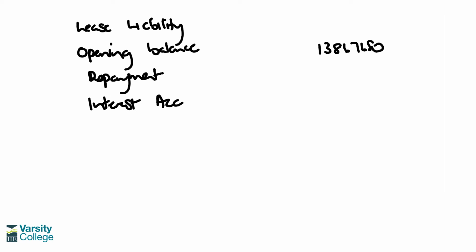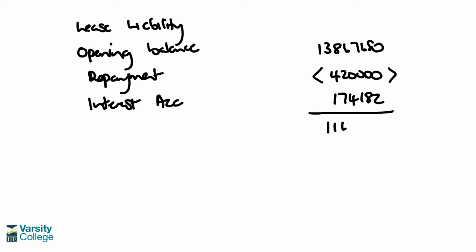The repayment was 420,000, and that reduces the liability, but the interest increases the liability, 174,182. And that's the same interest that would have been processed to P&L in the income statement. Right, so add the interest, and that then gives us our closing liability, 1,141,862. We've spoken about that figure many times, so by now that figure should be familiar to you.